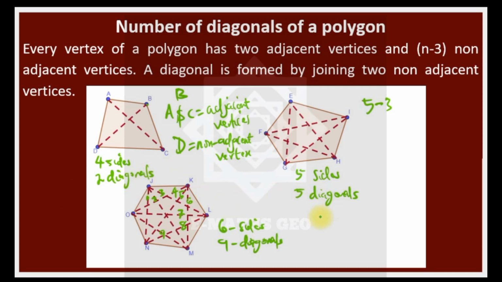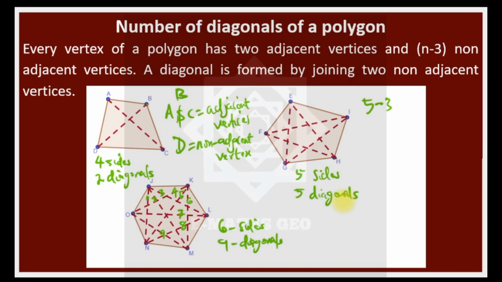We can use our common sense here. Since we are forming a diagonal with non-adjacent vertices, each of the vertices will have n minus 3 non-adjacent vertices.